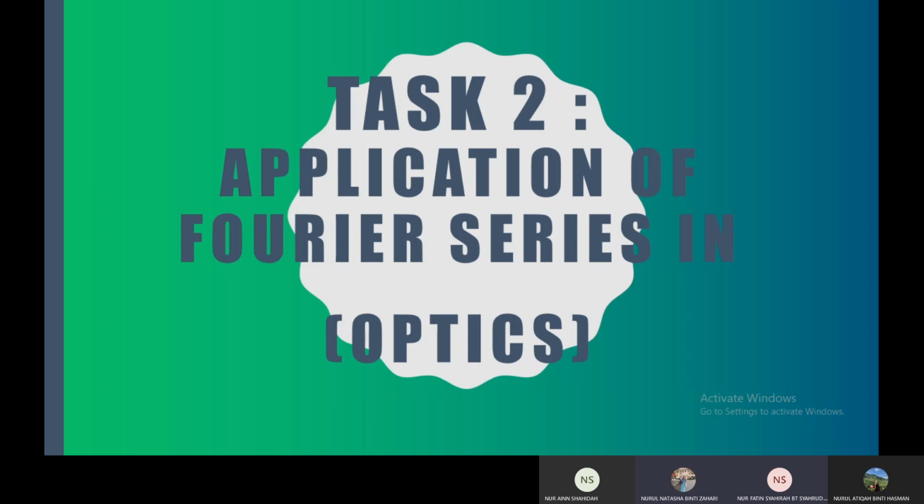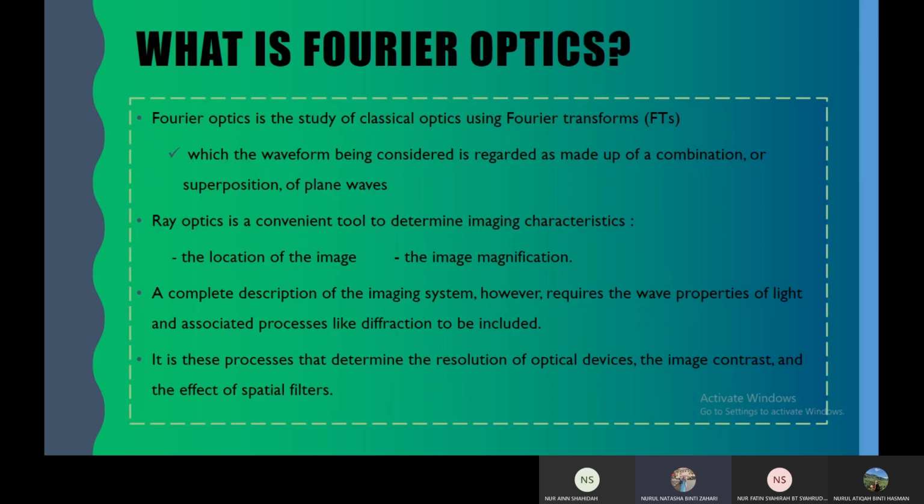So I will proceed with task 2, which is application of Fourier series in optics. What is Fourier optics? Fourier optics is the study of classical optics using the Fourier transform, in which the waveform being considered is regarded as made up of a combination or superposition of plane waves.